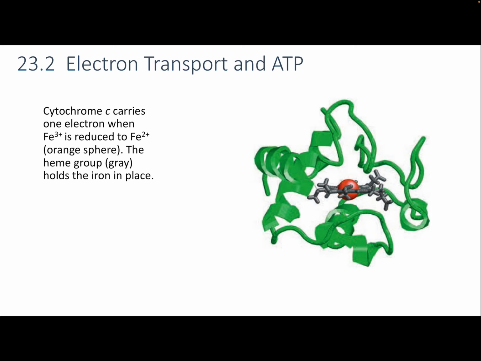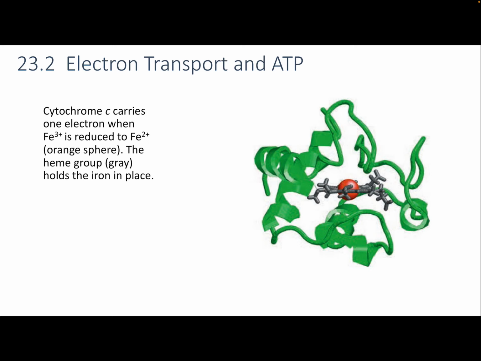All right, let's look at electron transport. Electron transport involves carrier proteins and metal ions we'll see, and this all takes place in the mitochondria. So we're going to have to kind of switch the location here. What I'm showing you here is a cytochrome.